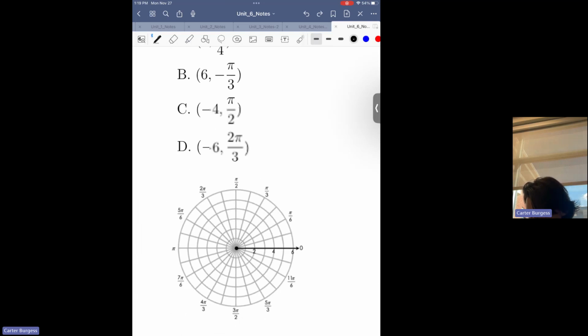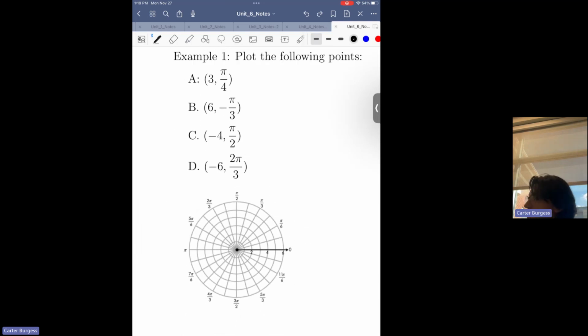So where am I starting with my point A here? What's being communicated to me? R is positive, so where am I starting relative to the center? To the right, so starting here, we're out a distance of 3.